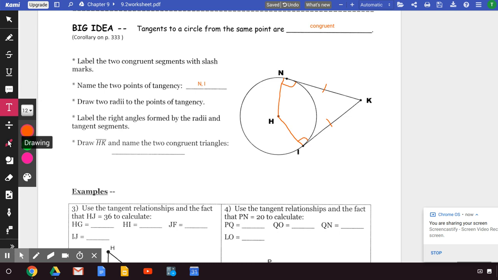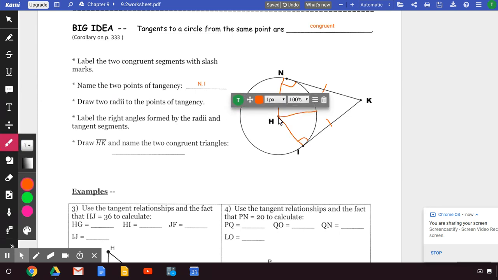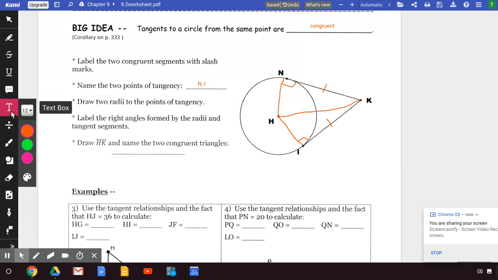And then if I draw one more line here from H to K, I've now formed 2 right triangles. And they are congruent right triangles. So HNK would be congruent to HIK.